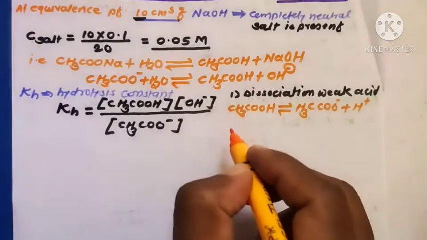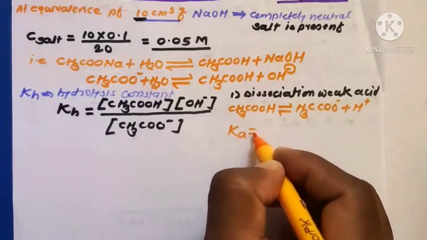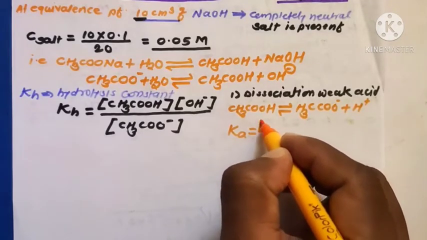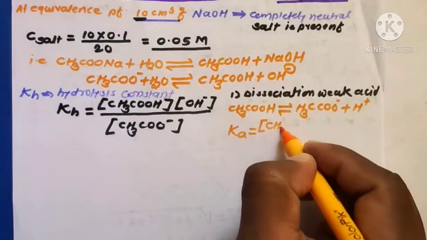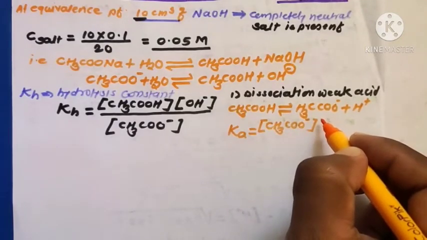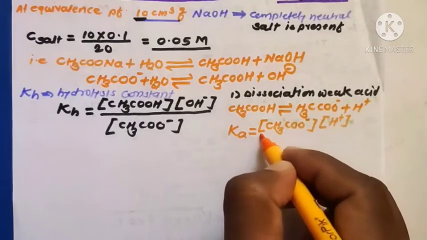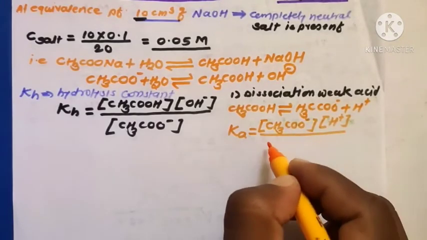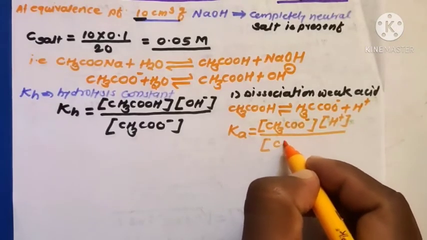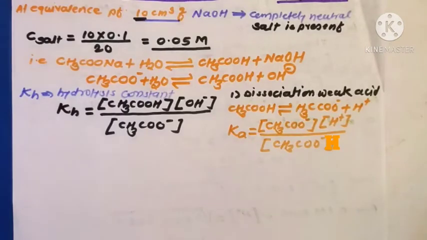Now the dissociation constant for this acid, that is Ka, will be concentration of CH3COO minus into concentration of H plus ion divided by concentration of CH3COOH.